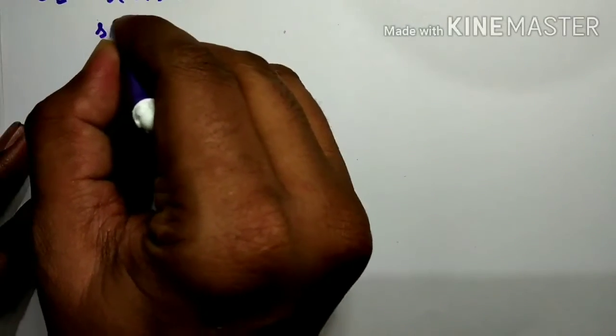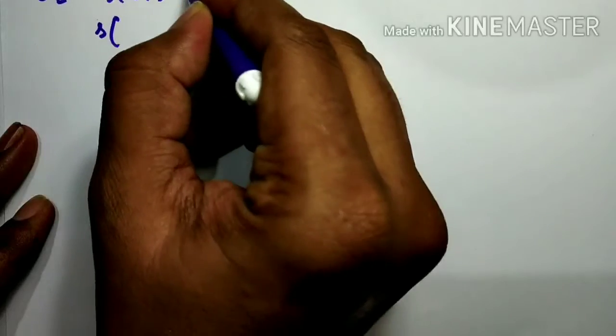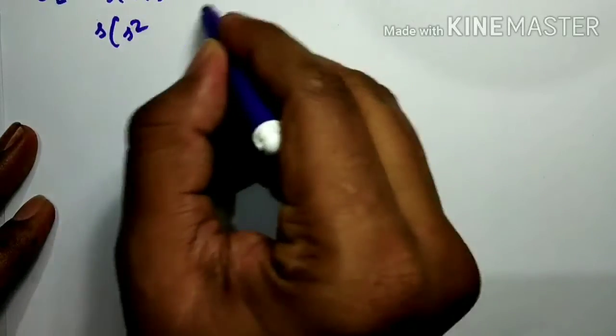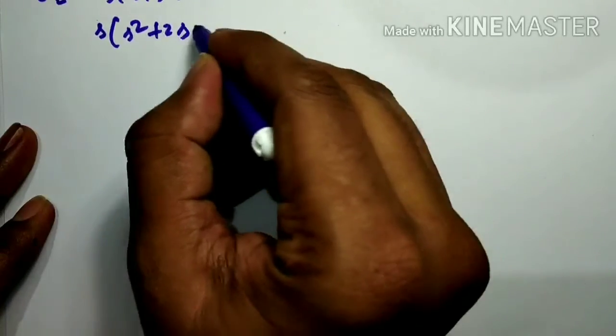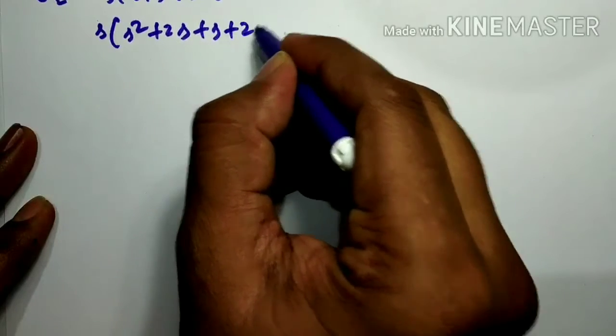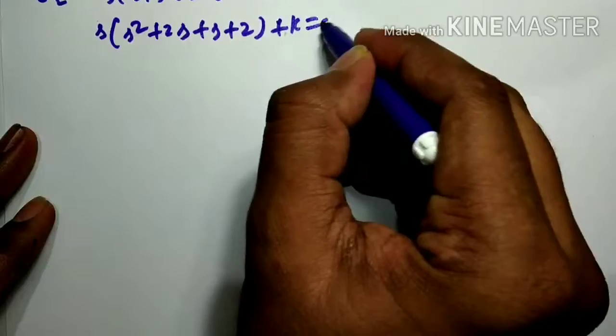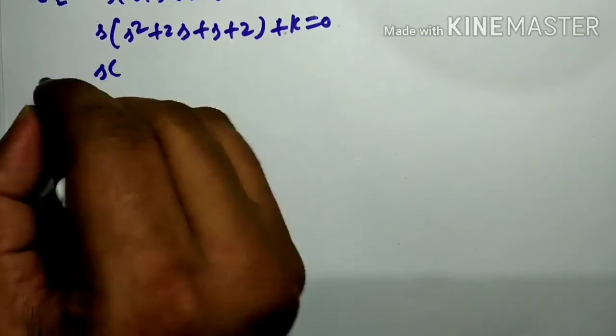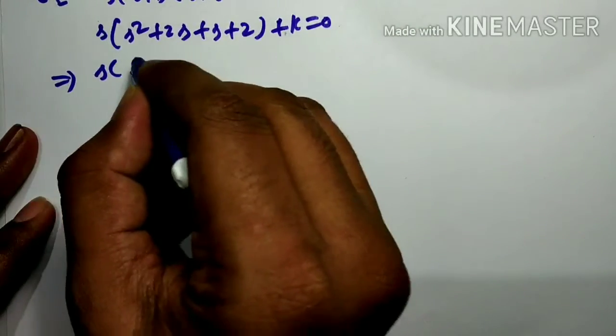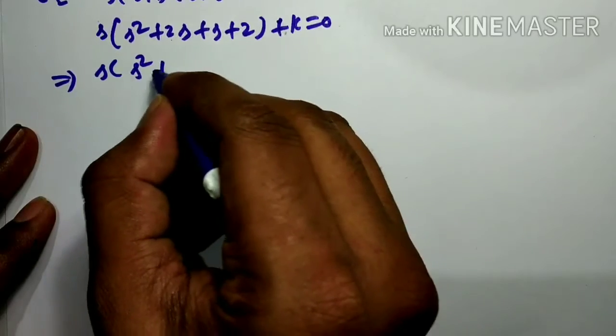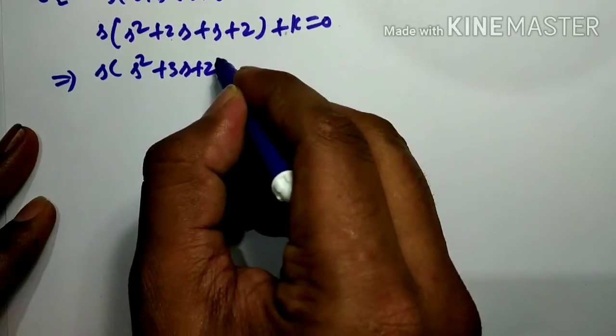To form the Routh array, I am going to multiply inside. Multiplying, s plus 1 into s plus 2 gives s square plus 2s plus s plus 2, that is s square plus 3s plus 2.